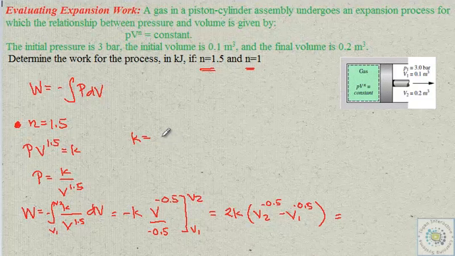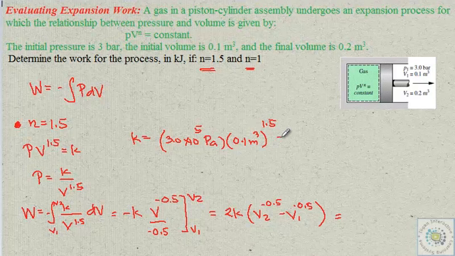So that's 3.0 times 10^5 pascals, since a bar is 100,000 pascals. And then V will be in m³, so 0.1 m³ raised to the 1.5.